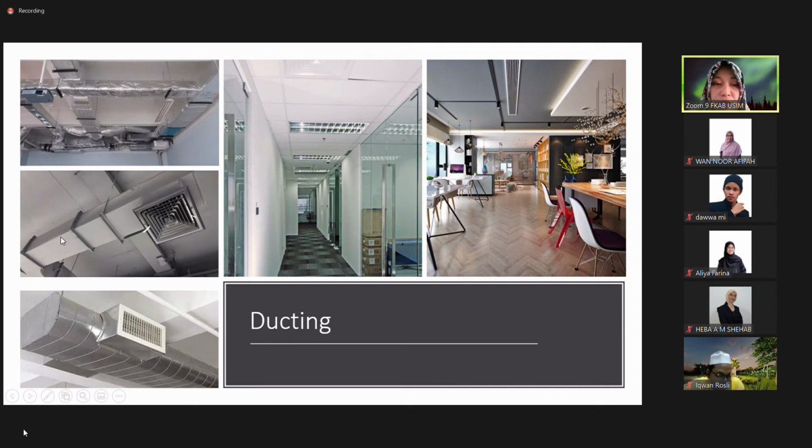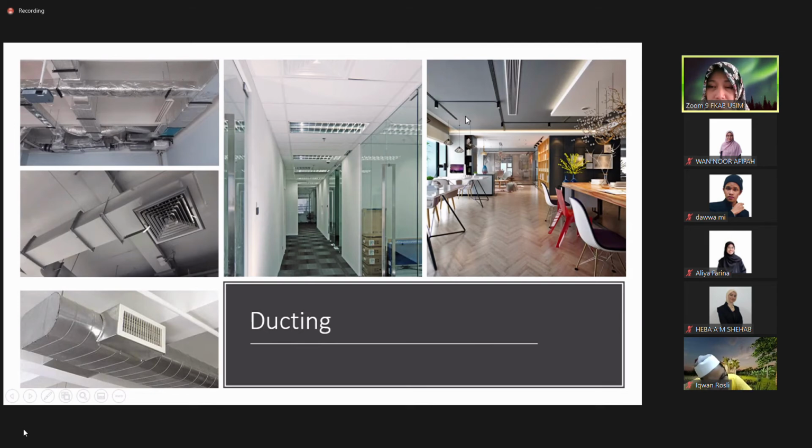If not, you have to cover it with a ceiling. If not, we can see all those components, which don't look very nice. It's not covered, not well designed. So you have to design the ceiling to cover it. Therefore, the architect needs to design what kind of material to cover up the ducting.